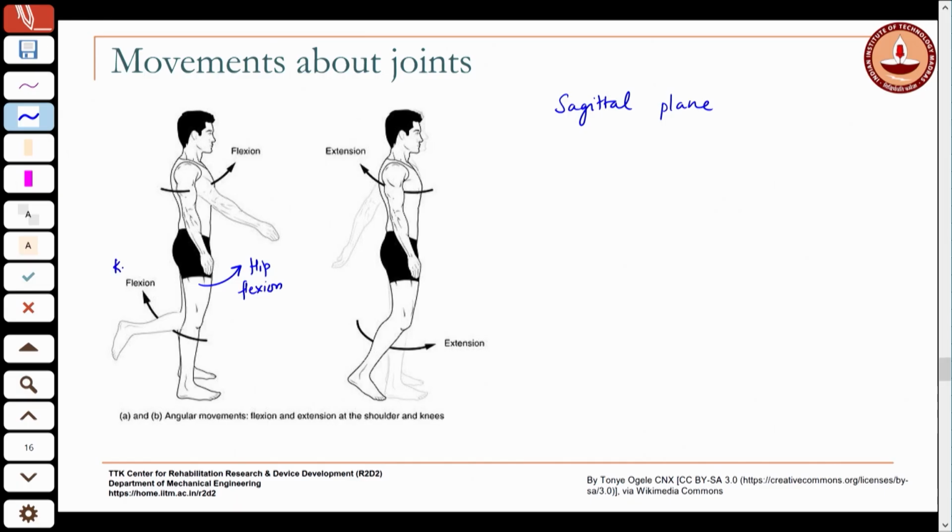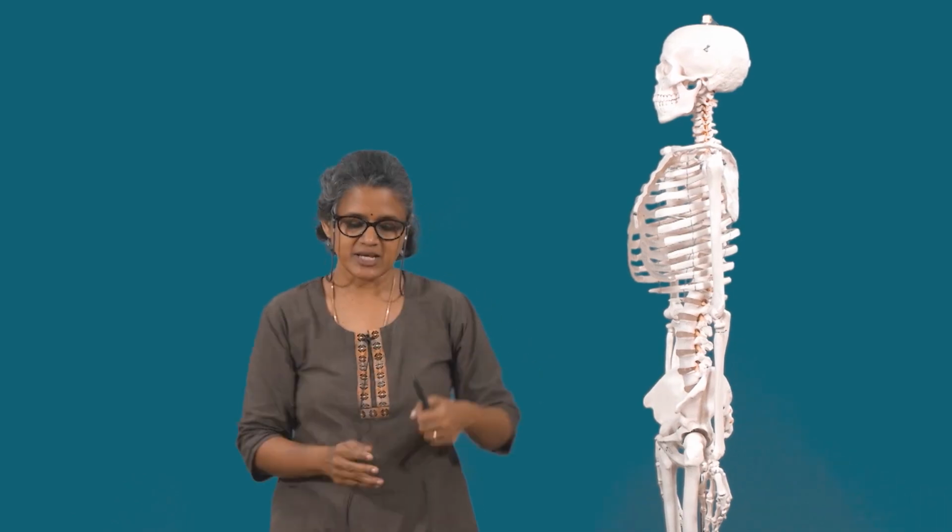This is knee flexion, but hip flexion is opposite. When you flex, the flexion movement is when you are bringing that segment closer to the rest of the body or closer to the adjacent segment, that is considered flexion. So, hip flexion would be when you are bringing it closer to the trunk.